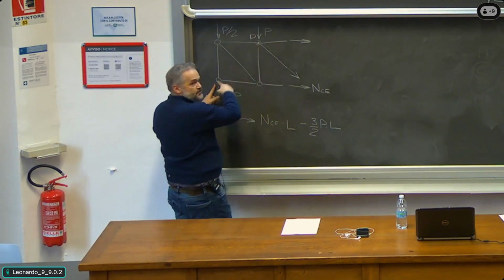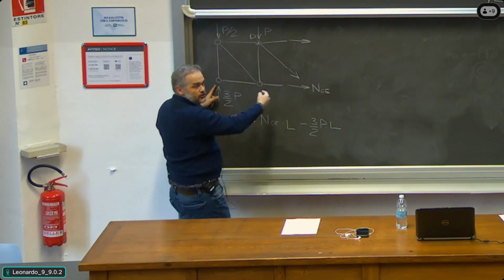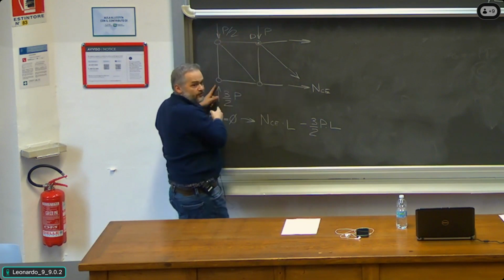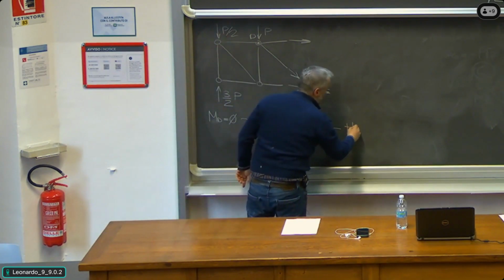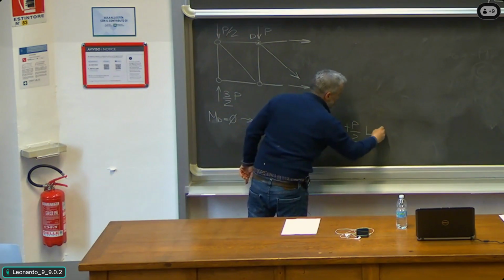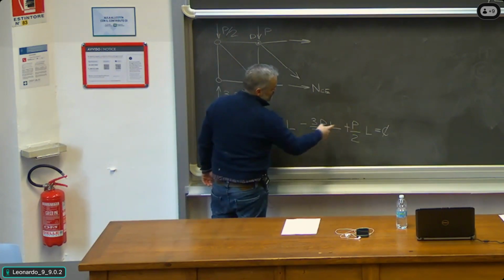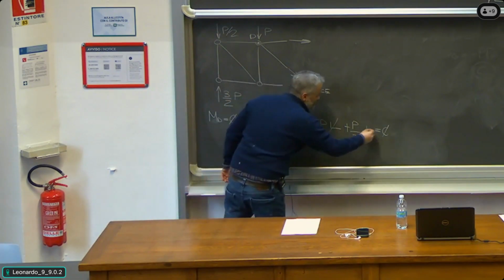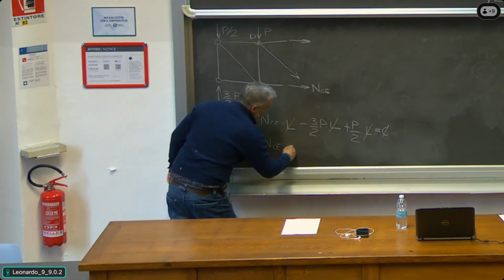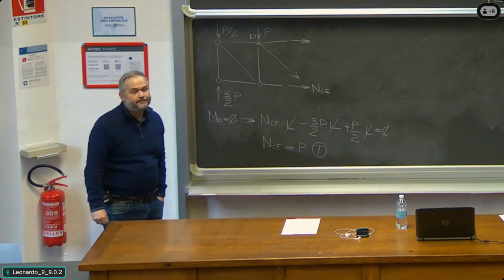It's not the distance between the two points, it's the distance between this line and this point here, so in the normal direction to the line of action of the force. Then we have P divided by 2, which rotates like NCE. Lever arm is again L, equal 0. The result is minus 3 divided by 2 P plus P divided by 2, and L cancels out, of course, everywhere. The result is NC equal to P tension. So my result is correct.